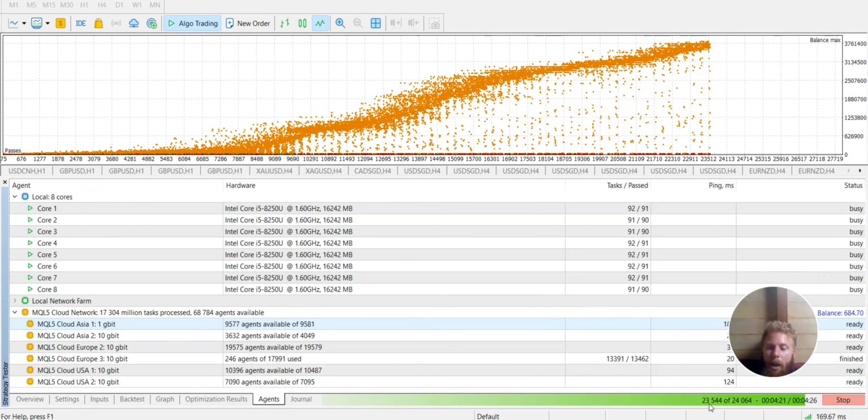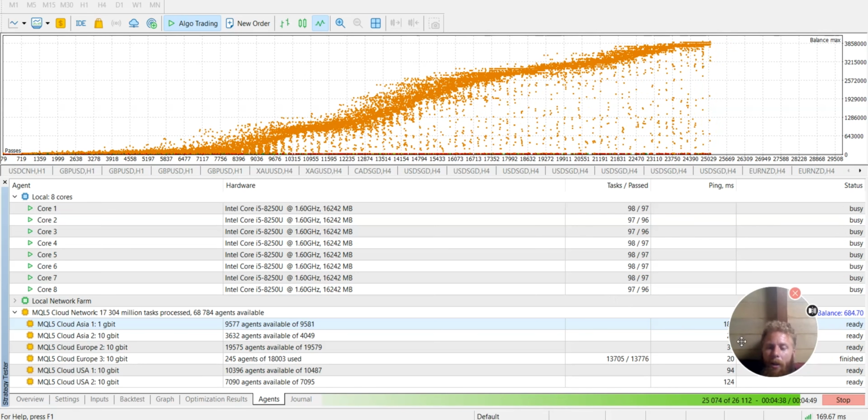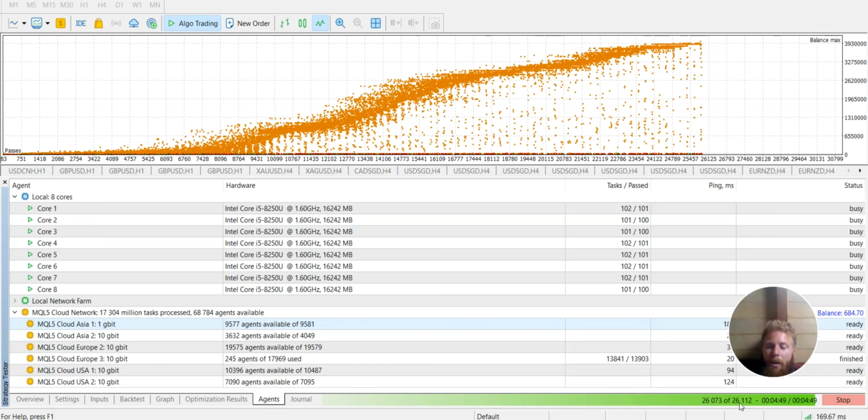We are at a very high number of optimization parameter sets at the moment, and I am not going to stop it, because I think it's all interesting, how much it is going to cost, even with 20 years of data, which is always very hard to optimize with a basic laptop.